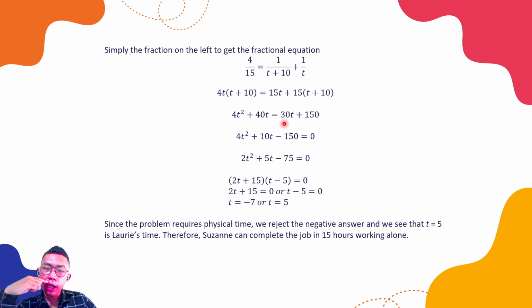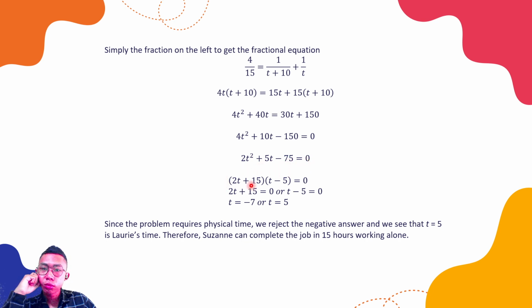Subtracting 30t and 150 from both sides, we have 4t squared plus 10t minus 150 is equal to 0. We multiply by 1/2 on both sides, so we have 2t squared plus 5t minus 75 is equal to 0.